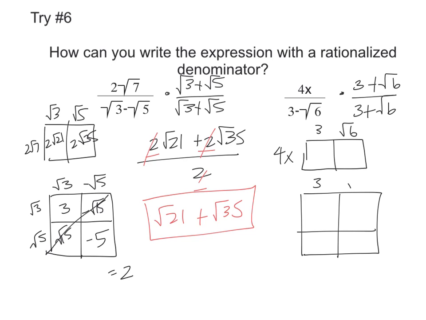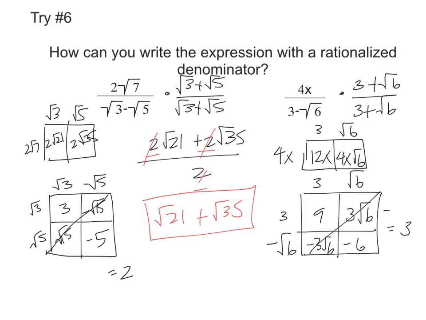This will be 3 square root of 6 and 3 negative square root of 6. This is going to be 12x, and then this is 4x square root of 6. This will be 9, negative 3 square root of 6, 3 square root of 6, and then negative 6, really. Those are gone. 9 minus 6 is 3.